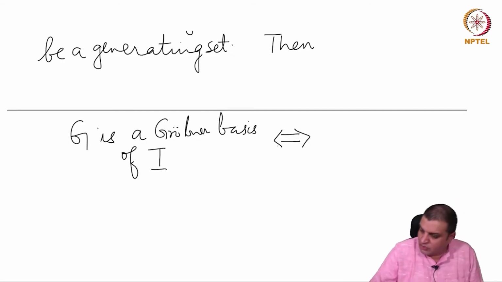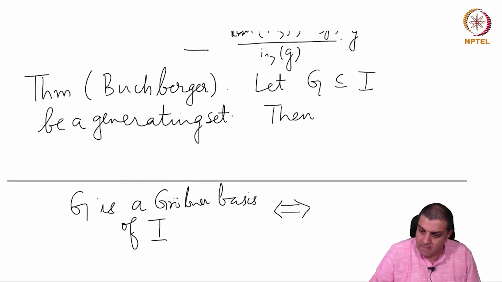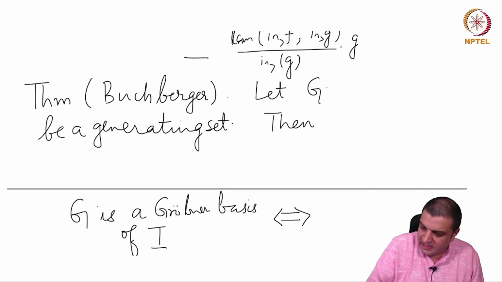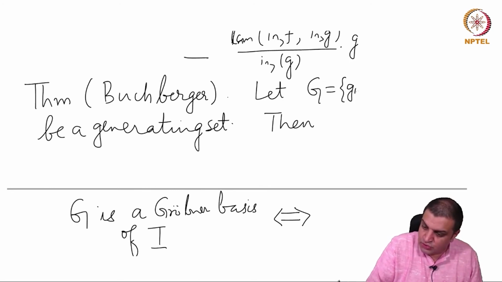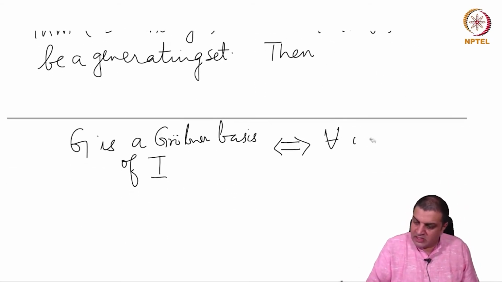Sorry, I should have said it's a finite set, and let me write them as G1 through Gn. G is a Gröbner basis if and only if, for all pairs i different from j, the following holds.